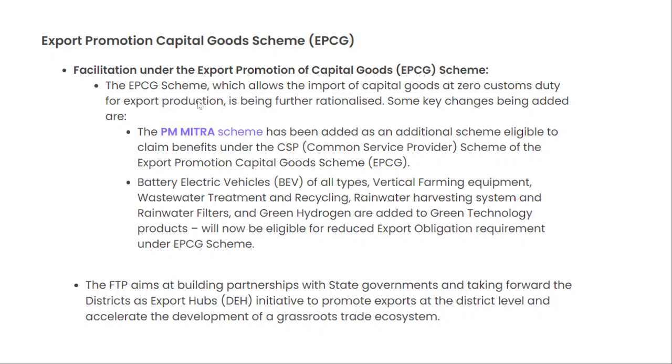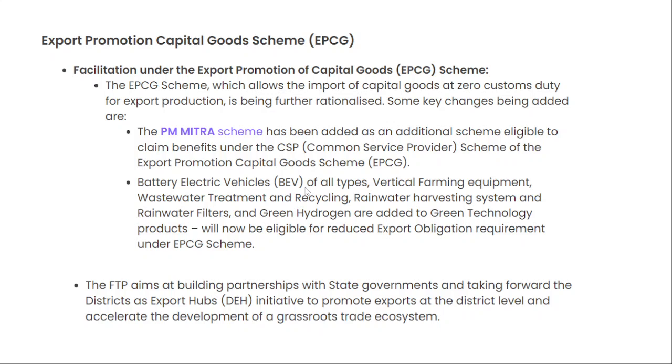If you are trying to export a product, for example pharmaceutical medicines, in order to prepare that medicine you need to import some chemicals, right? This is what it's talking about: allowing the import of capital goods for export production, with zero customs duty on that input material. The PM Mitra scheme is also there. And on batteries, there is a lot of focus. Recently more questions are being asked on electric vehicles, especially the lithium batteries used in them.